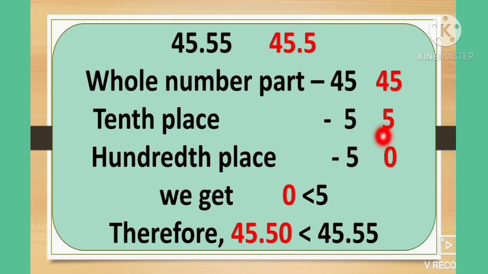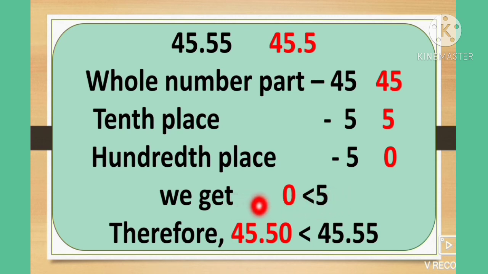Now, we proceed to compare the 100th place. The 100th place of 45.5 is 0. If there is no digit, we can take it as 0. And that of 45.55 is 5. So, comparing the 100th place, we get 0 less than 5.